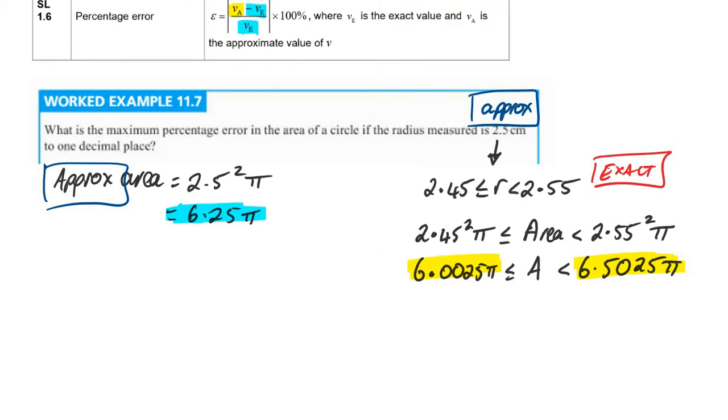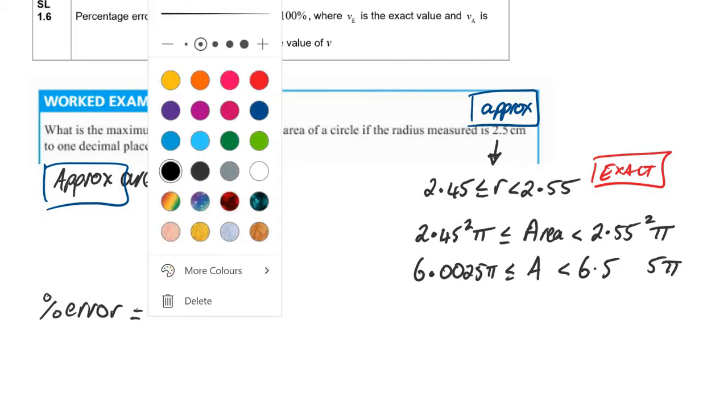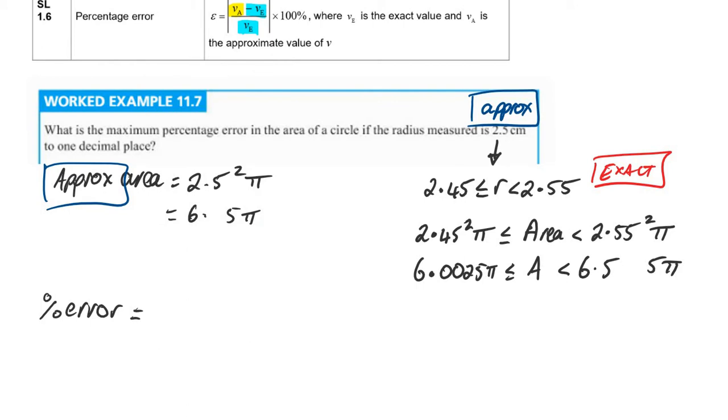So the percentage error could be, sorry, I've messed up my highlighting. Around the wrong way. Give me a second, I'll fix that. So there's our exact values, either one of those. There's our approximate.